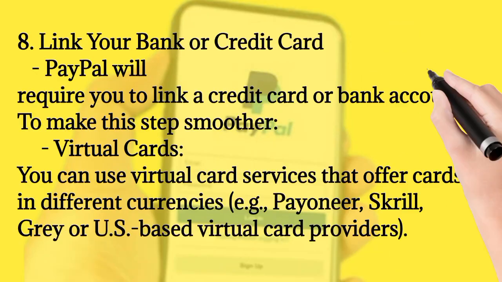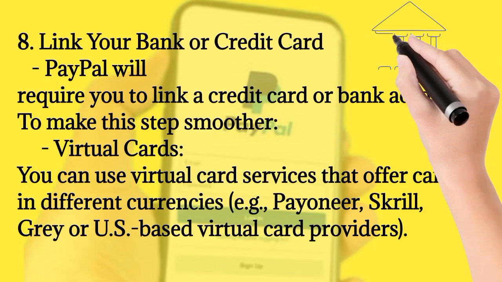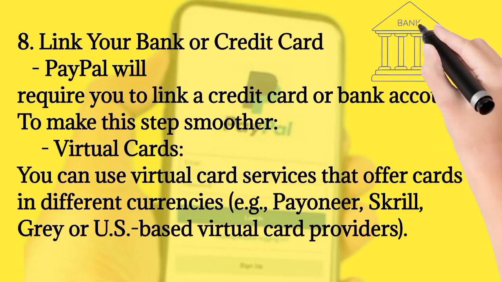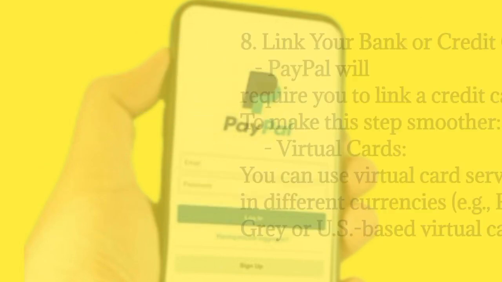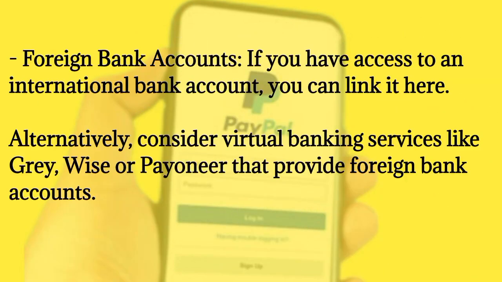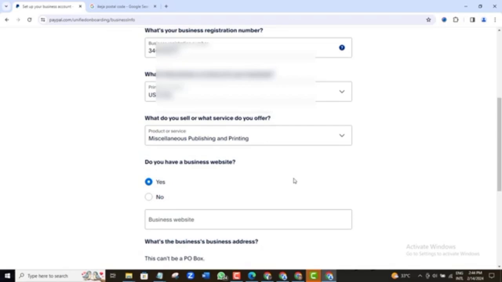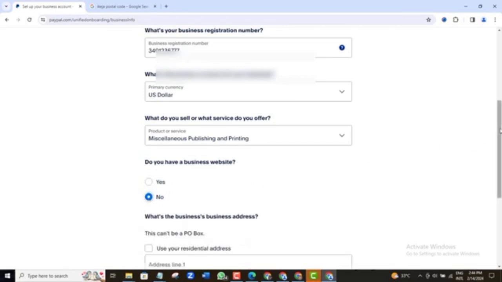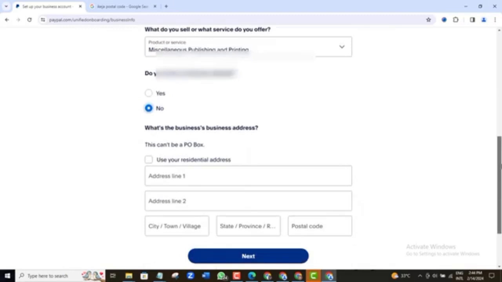Before we go about linking card, I will tell you something now. Now what I did is this. I first of all got my MasterCard, a US MasterCard, which I've been using to buy things for some years now. And then I applied for a US bank account from that same platform.